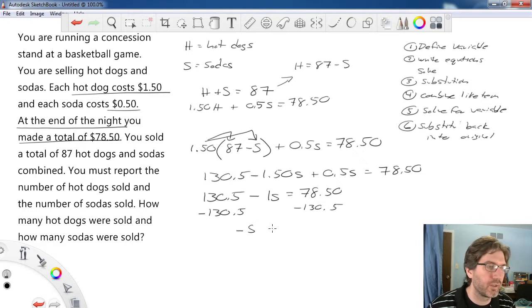We'll just call it negative S equals 78.5 minus 130.5, which gives me a negative 52. So my sodas, a positive S, is going to be a positive 52. So I know my sodas were 52. So I sold 52 sodas.